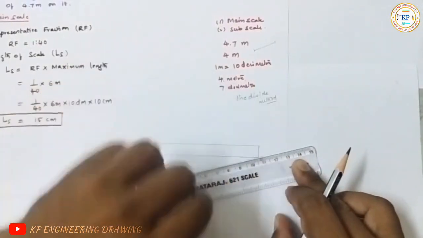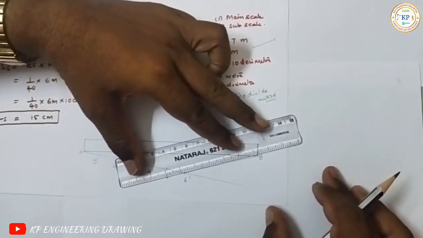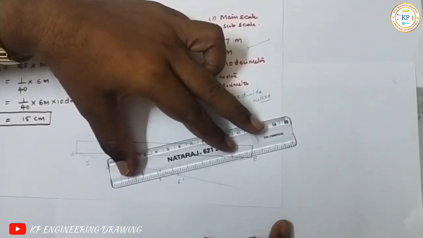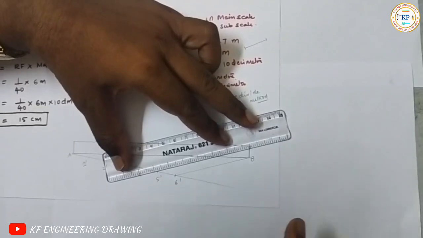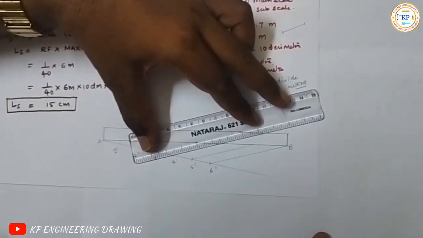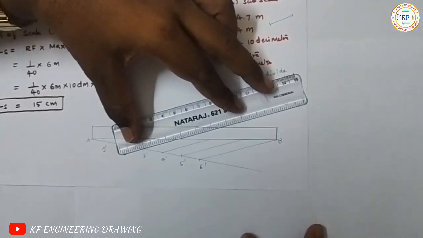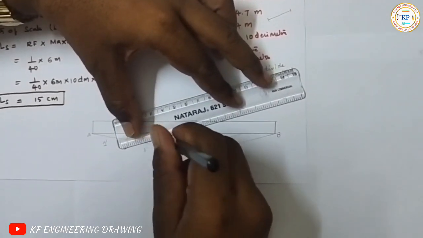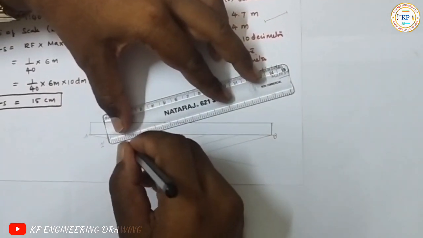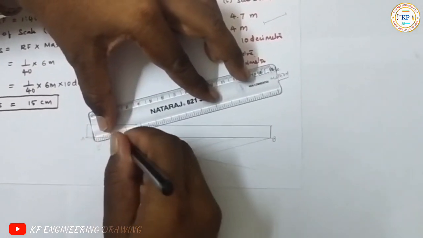You fix a drafter, right, and move it to the next point. We have drawn 6 dash and B, right? Now fix your drafter and move to the next point, that is 5 dash, and again move to the next point, it is 4 dash, and again next 3 dash, 2 dash, and finally 1 dash.